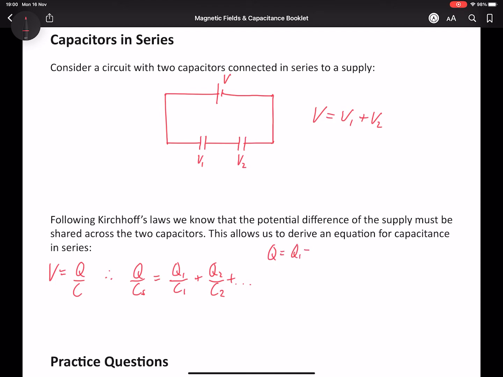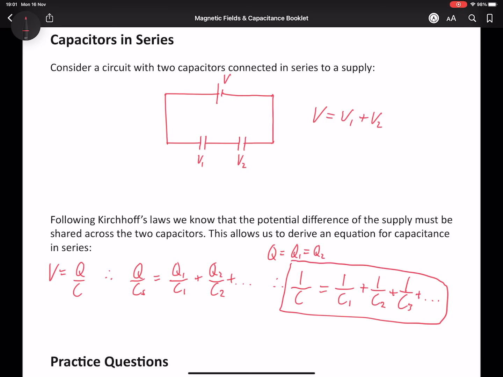Now, we know that the charge will be equal throughout this circuit. It'll be the same charge built up on each plate as we go around. As such, we can get rid of Q. So we can see that 1 over C is equal to 1 over C1 plus 1 over C2 plus 1 over C3, etc. And yet again, we can see this follows the same opposite pattern as this was the equation we had for resistors in parallel.